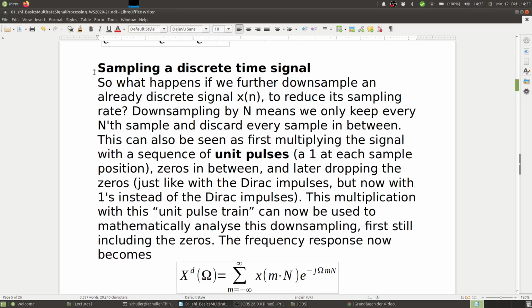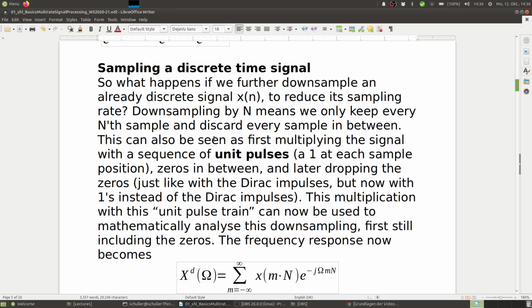So next, if we have the signal already sampled, now we want to further sample it, for instance, in our audio coder. So what happens if we further downsample an already discrete signal x of n to reduce its sampling rate? Downsampling by capital N means we only keep every Nth sample and discard every sample in between.